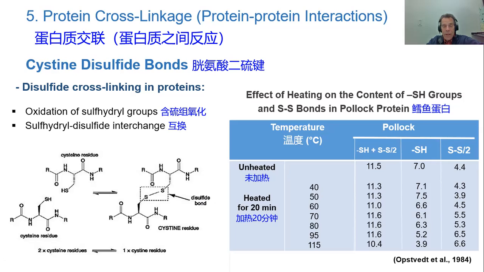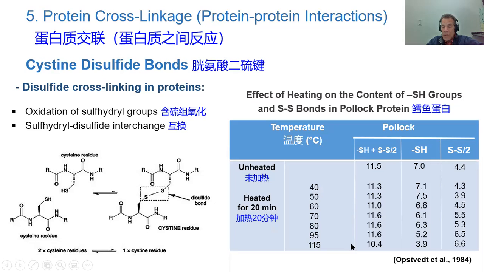This disulfide bond is a very stable bond. It's used in the formation of keratin, which is present in hair, feathers, and nails. Why is keratin so tough, so hard? It's because of the presence of these disulfide bonds that create great stiffness within this molecule and prevent these molecules from being easily digested.